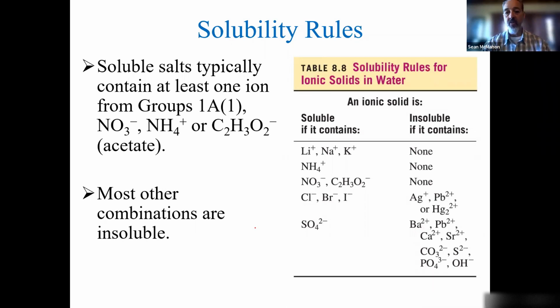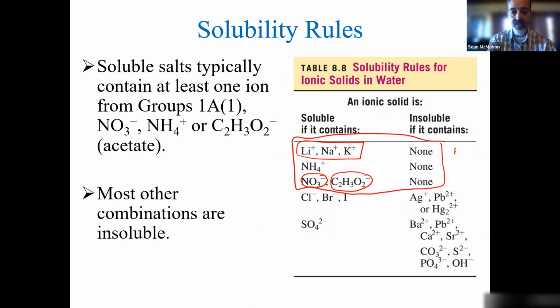We went over these solubility rules, which was NAG. NAG is nitrates and acetates, and group 1 alkali metals are always soluble. There are no exceptions. The NAG is always soluble.